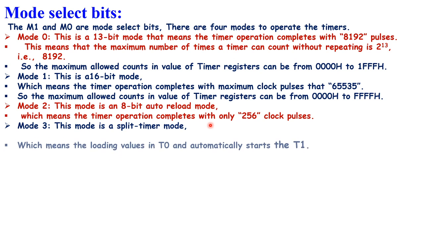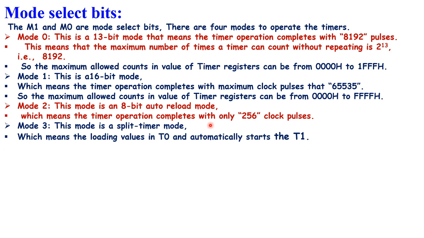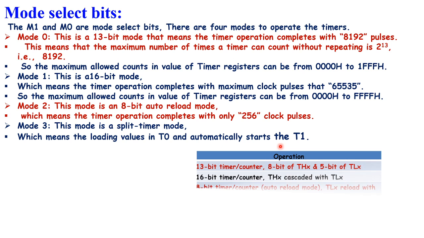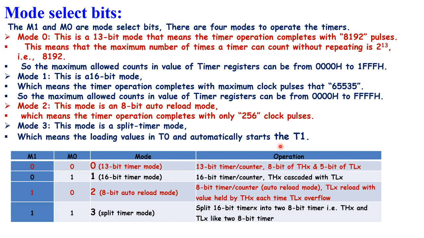Mode 3, this is the split timer mode, which means loading the value in T0 and automatically starting T1. Now this mode can be configured in a table like this.